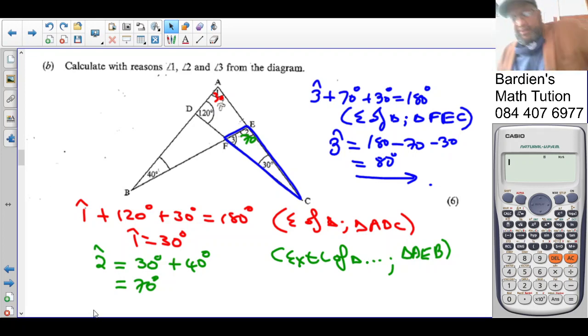So for homework, if we just check what we have left of this paper, we shall have C of question 4. And then question 5 we'll answer in tomorrow's lesson, inshallah. And then I want you to do for homework the first paper of November, on page 199.